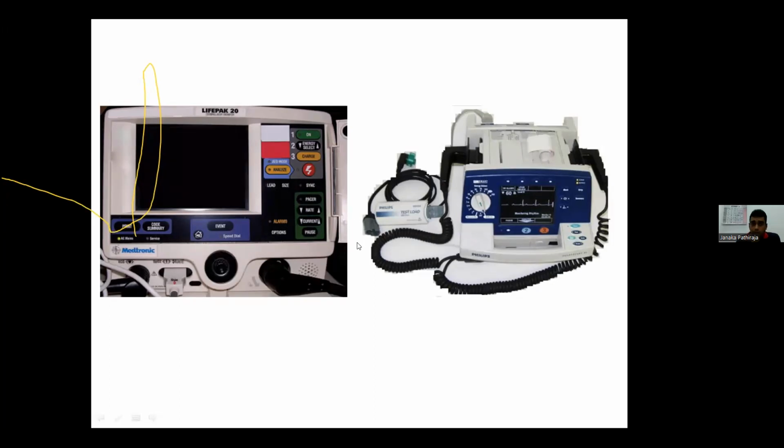You can see the rate, mode, all those things are there. You can go and check, right? And you should know how to use that. It's very useful. Sometimes we can't transfer the patient, or we can't maintain the heart rate with drugs, if you don't have the facility.